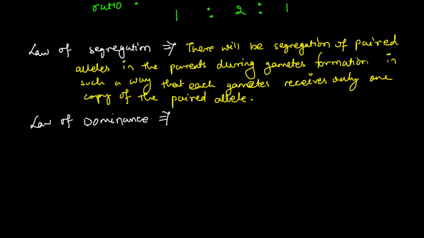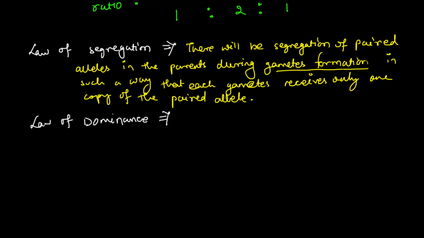What the law of segregation states is that during gamete formation, there is going to be segregation of the alleles. This paired allele separates in such a way that each of the gametes formed is going to contain only one of the paired alleles and never both. That's the law of segregation.